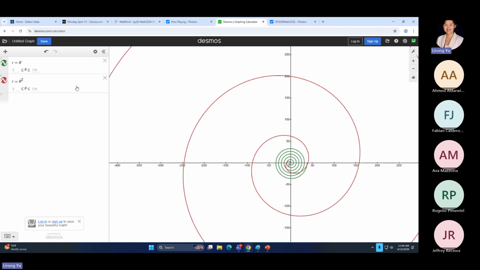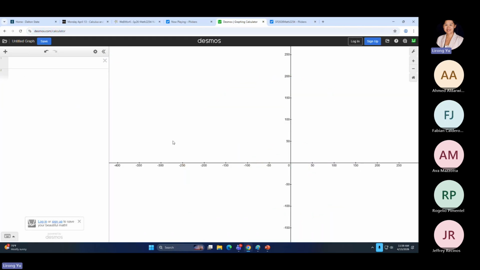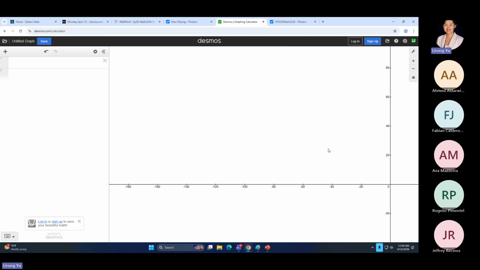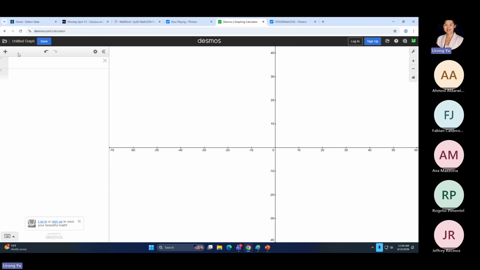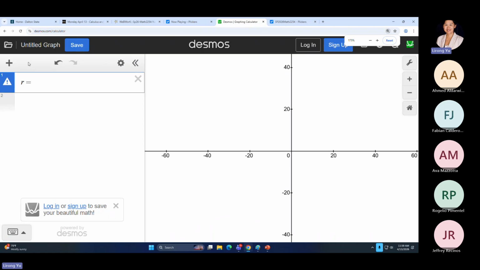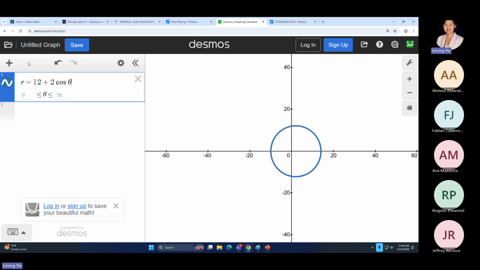And we can graph it to tell what it would look like in this image. So what does it look like? You can graph r equal to 12 plus 2 cosine theta. So that's how it looks.